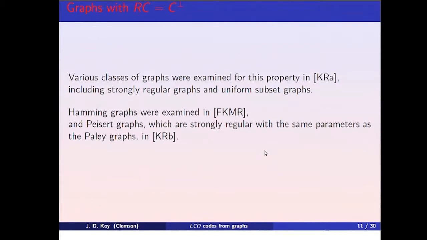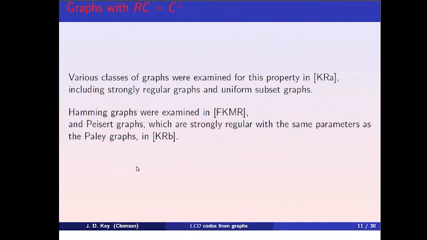We looked at various classes of graphs. Bernardo and I looked at strongly regular and uniform subset graphs. More recently, with Washila and Eric, we sent a paper about Hamming graphs, and Bernardo and I are currently working on Pizer graphs, which are strongly regular with the same parameters as Paley graphs.